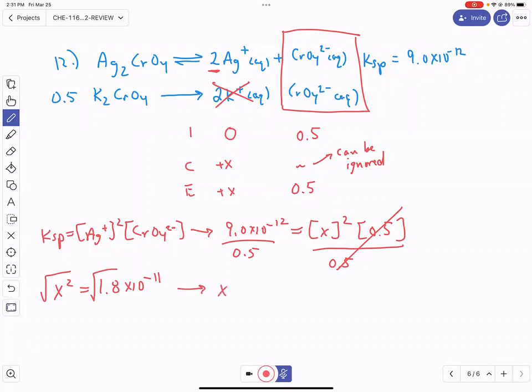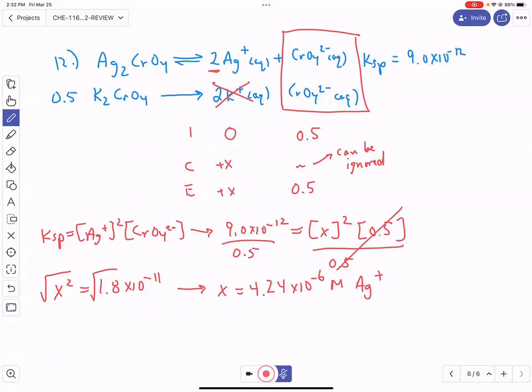And I get X equals 4.24 times 10 to the minus 6 molar silver. That is also the molar solubility of silver chromate.